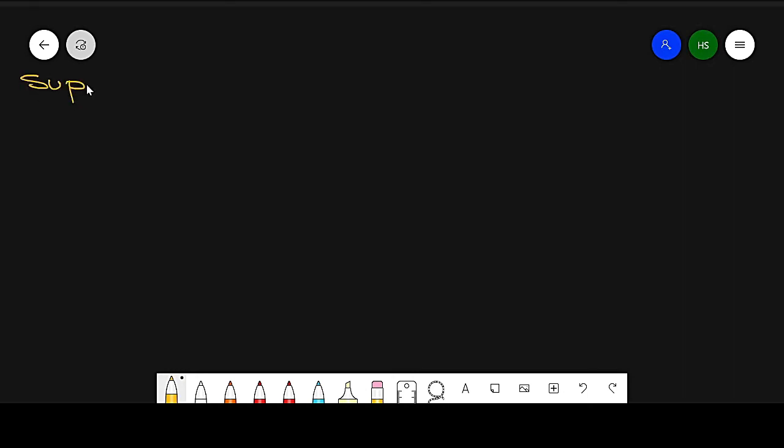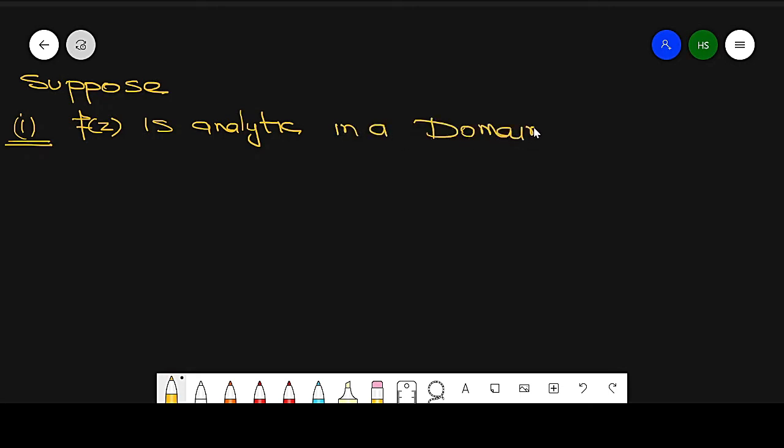Suppose, condition number 1, the function f(z) is analytic in a domain D defined by modulus of z less than r.